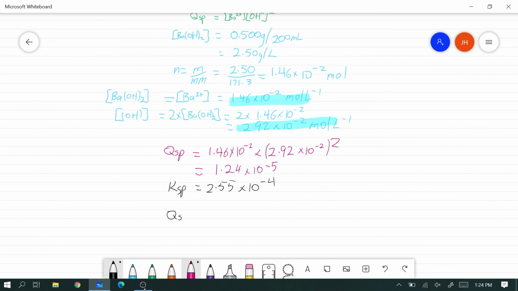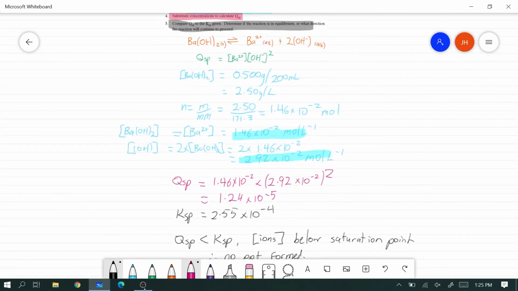This means that Qsp is less than our Ksp. And if this is the case, then the concentration of ions is below saturation point. That means that more ions can be dissolved, therefore there will be no precipitate formed.